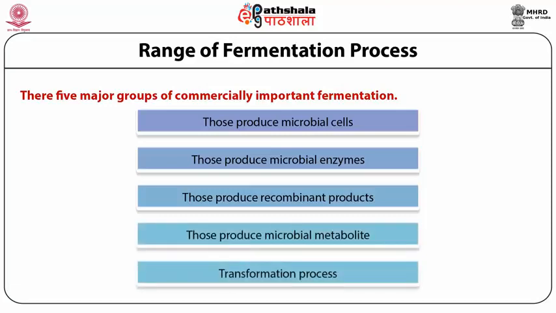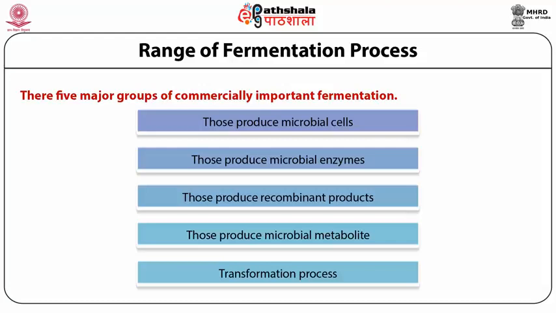Coming to the first group, producing microbial cells: the microbial cell, or microbial biomass, is produced as animal feed, also known as single cell protein. Microbial enzymes are among the most important products of the fermentation process. We produce a large number of microbial enzymes like pectinase, cellulase, penicillinase and chitinase, which have applications in different industries, such as the pulp industry.